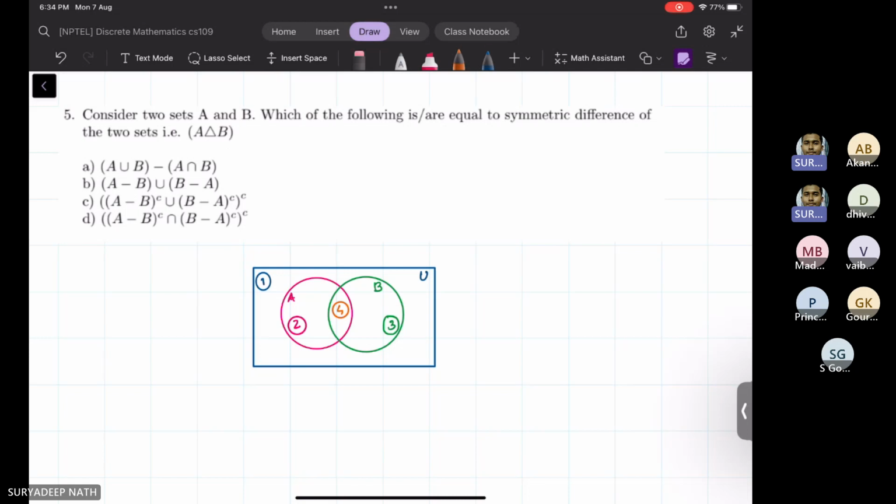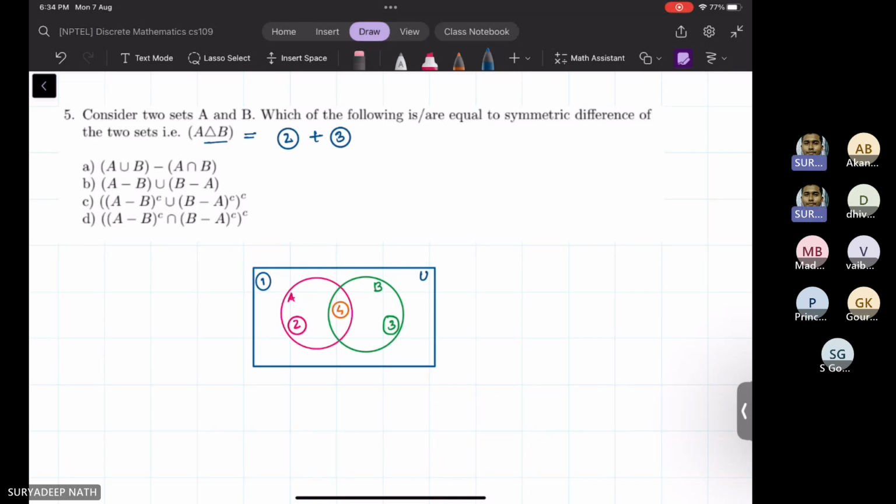So for the symmetric difference, we have to find 2 plus 3. So this region 2 plus 3 is basically the symmetric difference of the two sets. So now which of the following are correct?